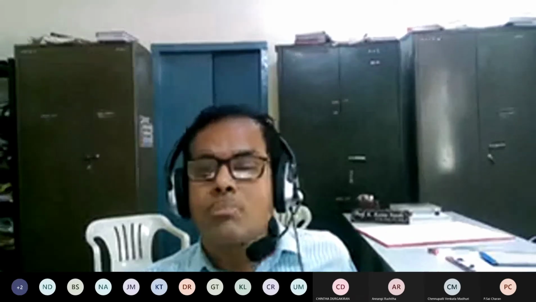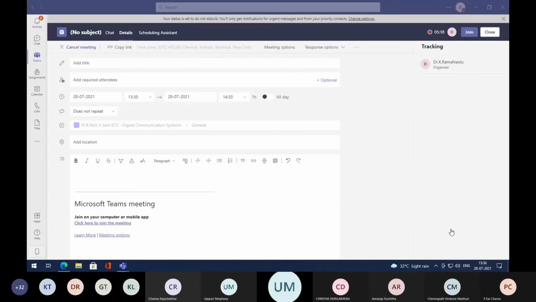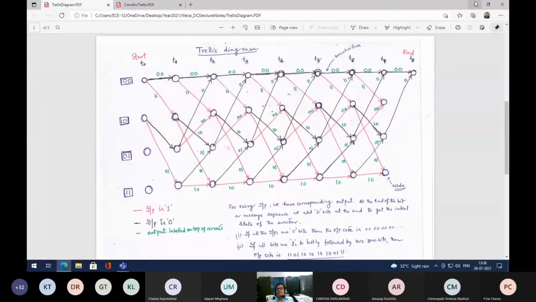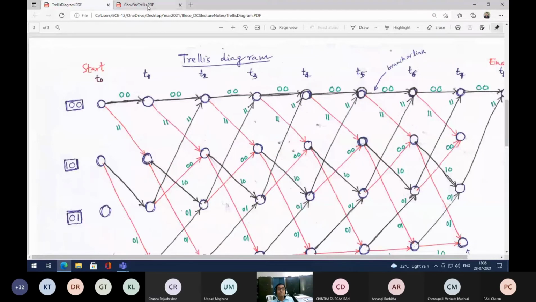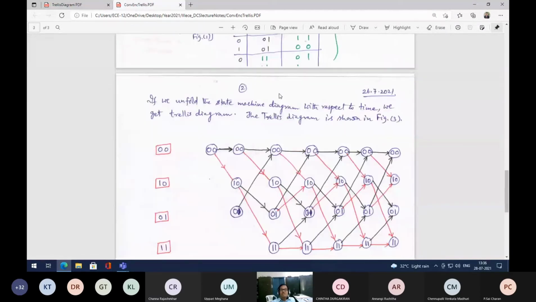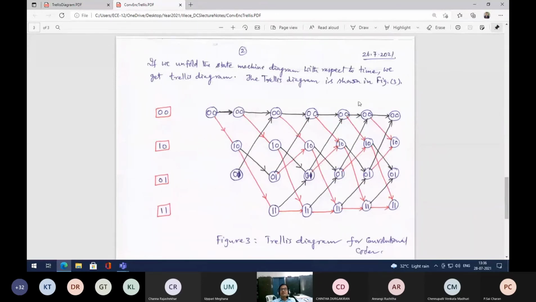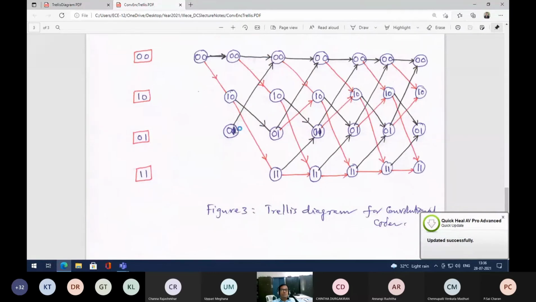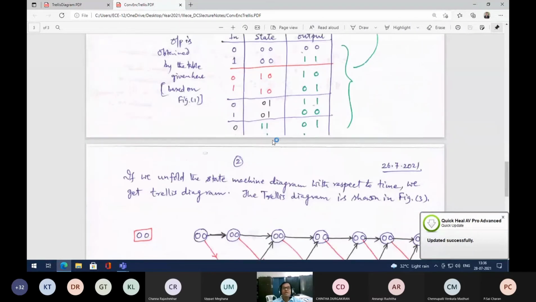Let me share my content today. Are you able to see the screen, please? Yes, sir. Okay, this was the last class discussion, and this is the trellis diagram we used for the given example, based on the state machine diagram.